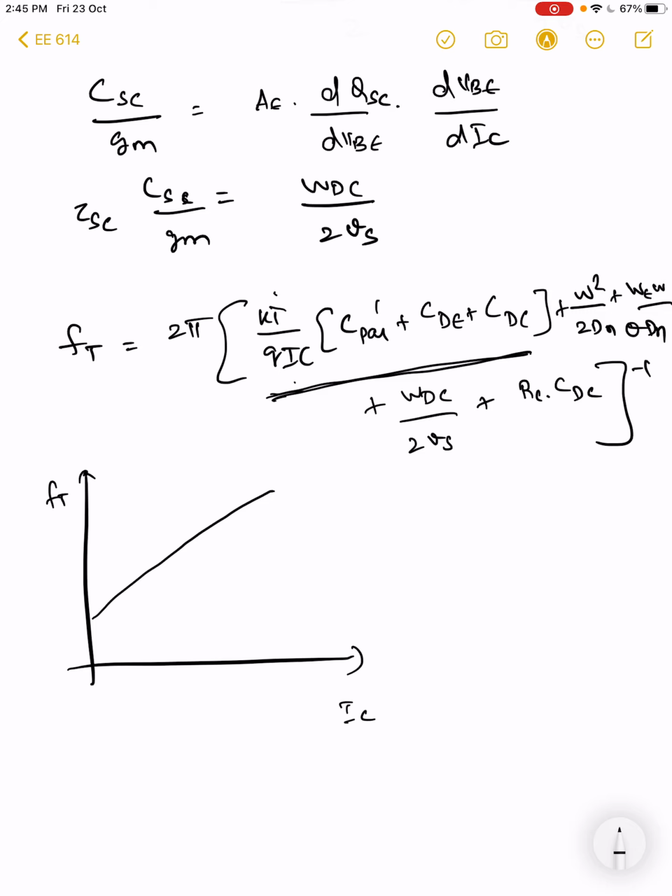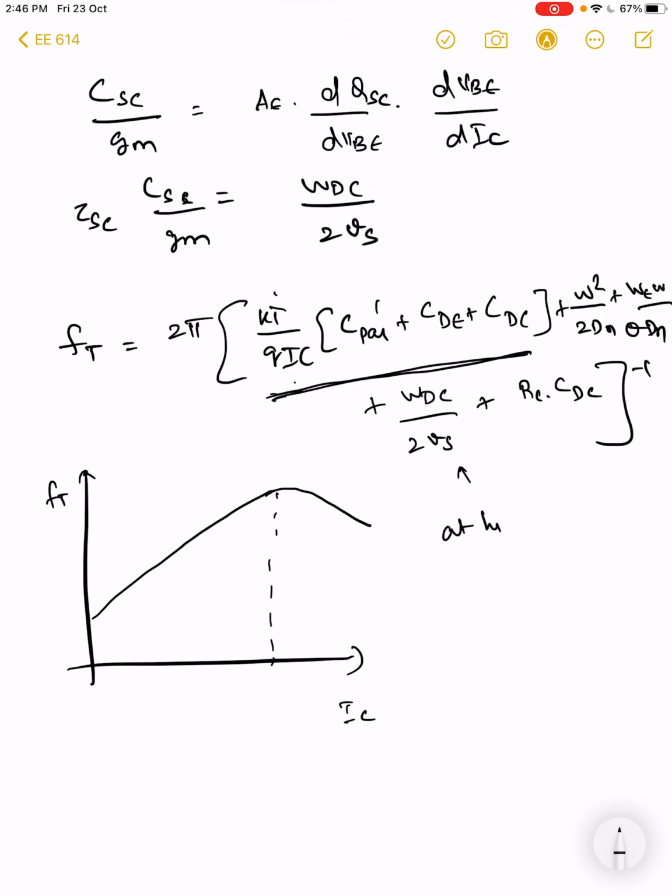As your GM increases, you see that your frequency of operation also increases, right? So till a particular point, you have almost a linear increase in FT with IC, right? After that particular point, you have a dip, and it is in these regions your current independent terms contribute a lot, and it is the space charge factor tau space charge that dominates at higher currents.